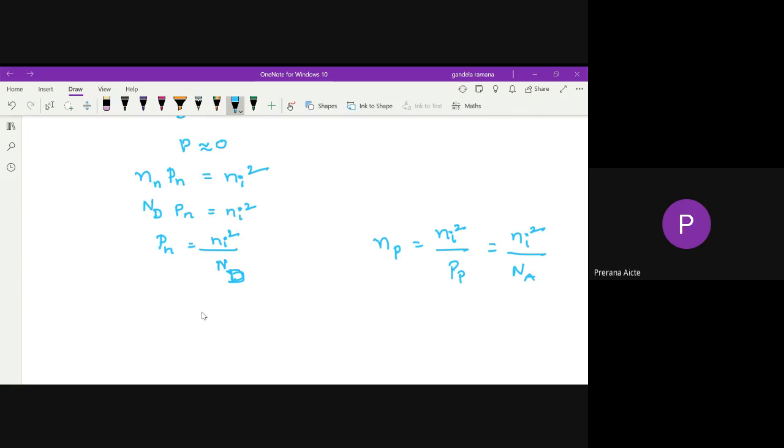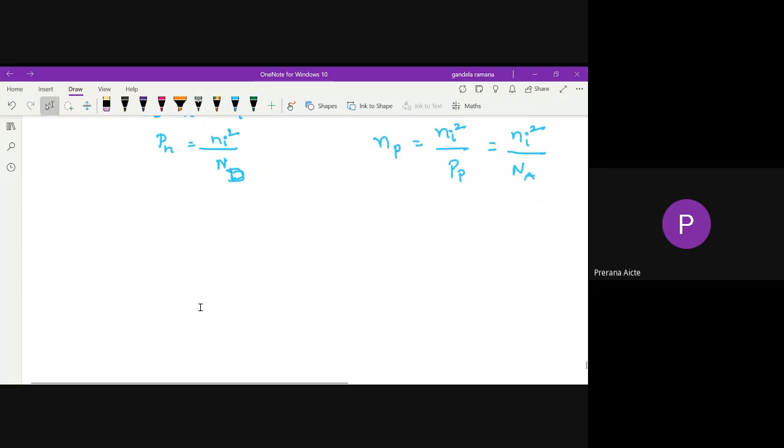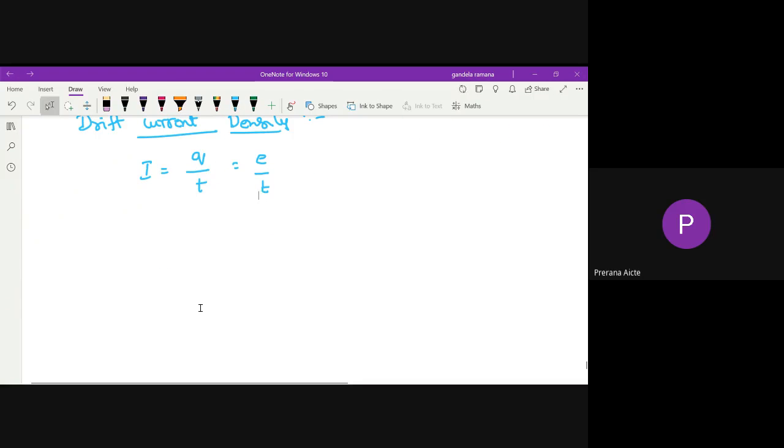So next one, drift current density. What is the formula for I? I is equal to Q by T, meaning charge by time. Suppose a volume of electrons is there.